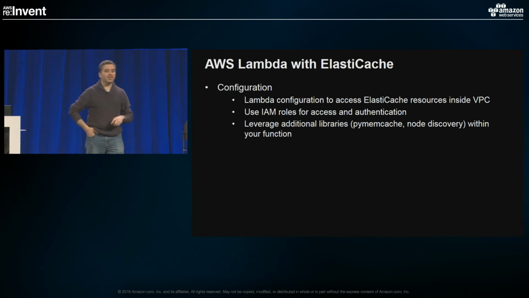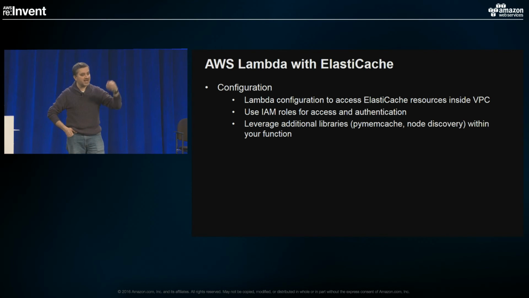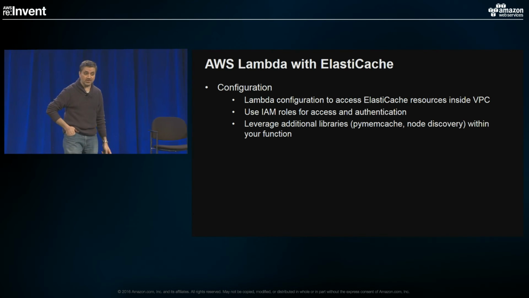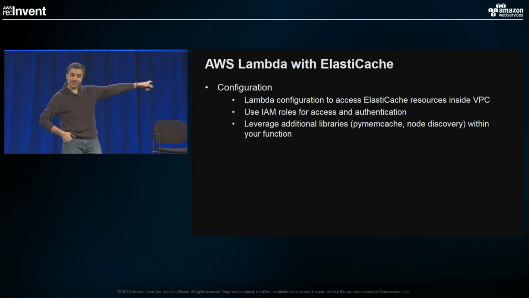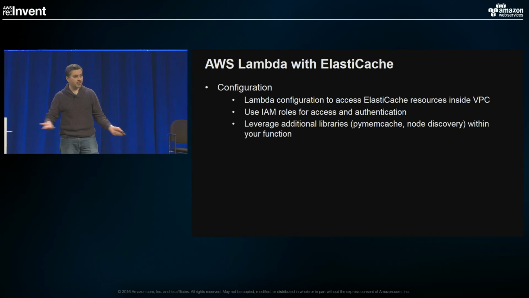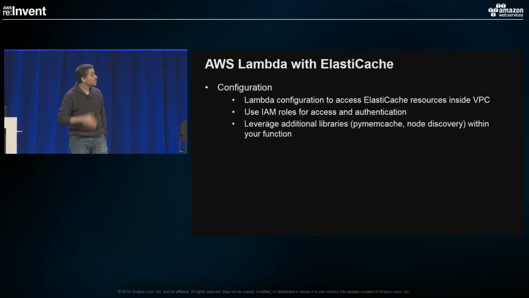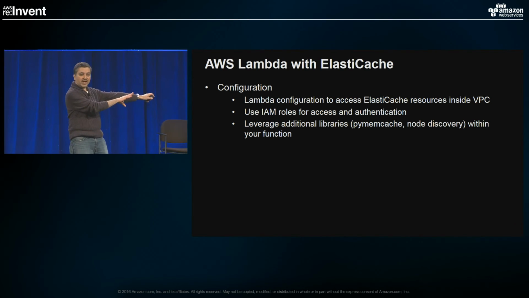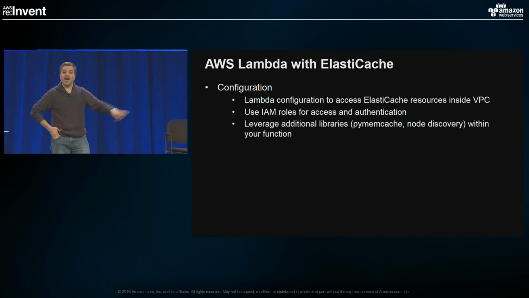You can also simply use IAM roles to be able to manage access authentication to your Elastic resources. RDS, you require username, password for your database. IAM won't cut it for you there, right? So you require the additional configuration of username, password management, but here you don't have such complexity.